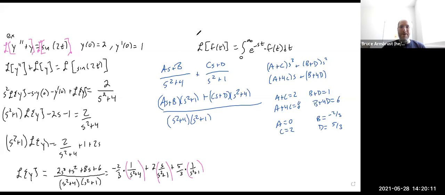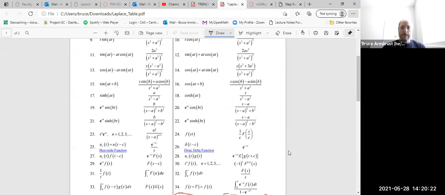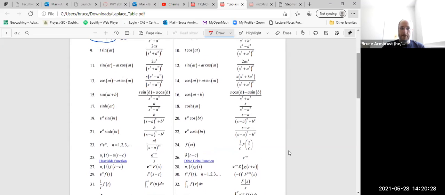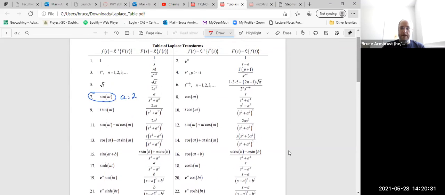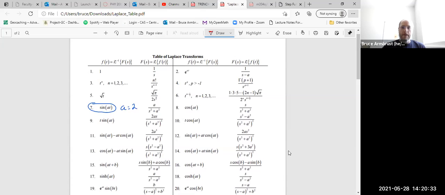All right, so let's go back to power series. Remember what we're looking for: 1 over s squared plus 1, 1 over s squared plus 4, and s over s squared plus 1. We need a sum of squares, not a difference of squares.